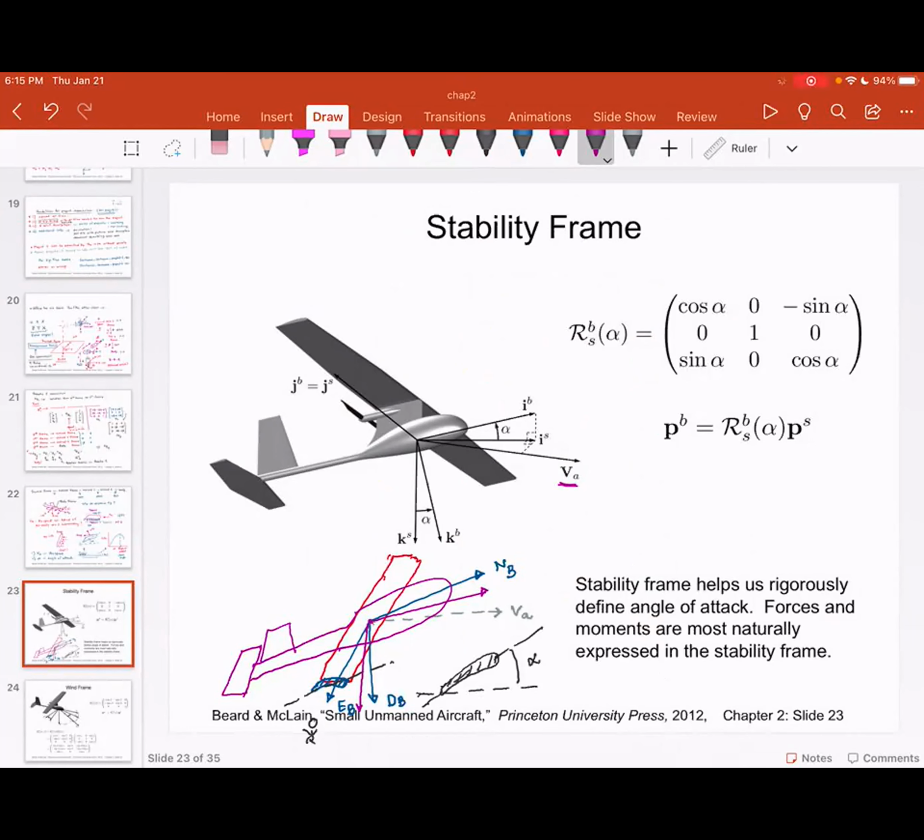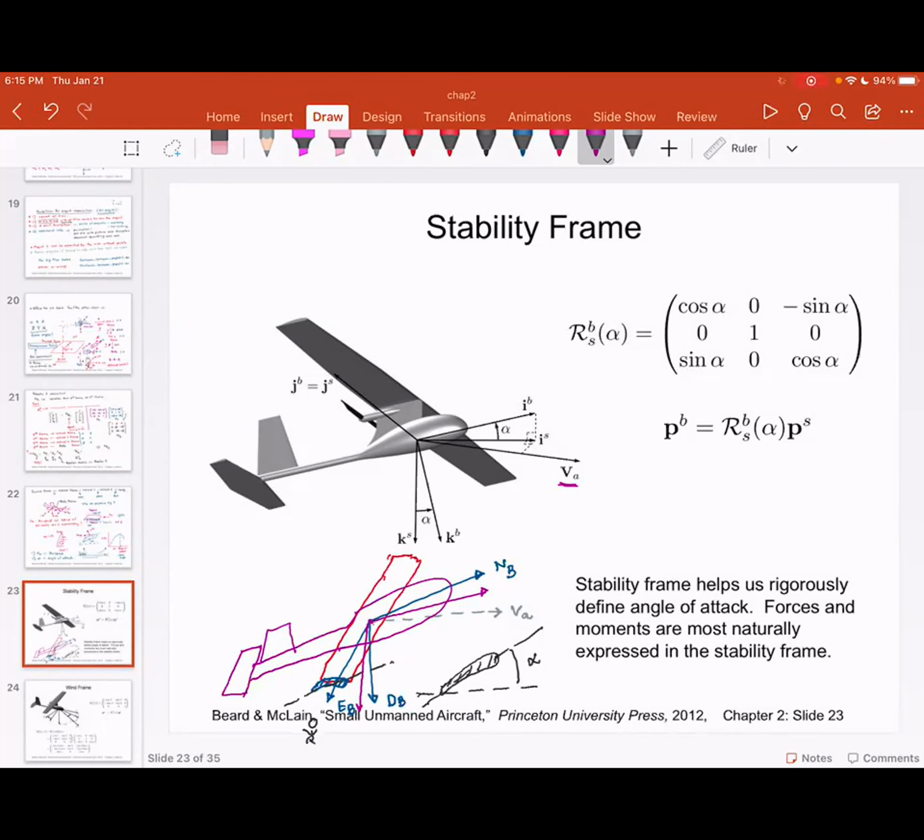And it's very obvious that the value of alpha is usually expressed as a positive quantity. But if you look at the coordinate frame, with respect to the coordinate frame, the sign of alpha is negative.